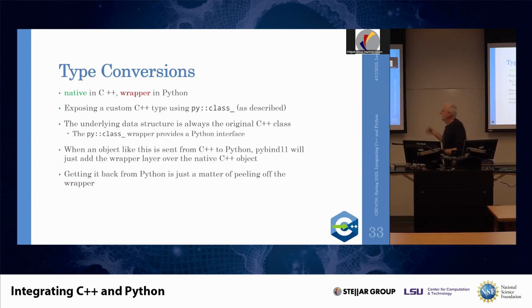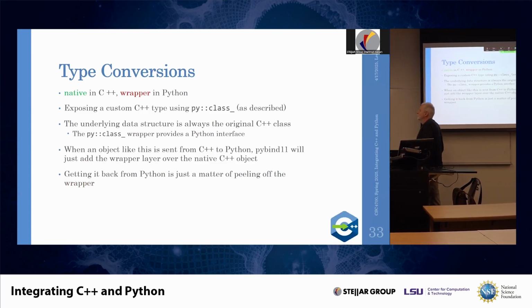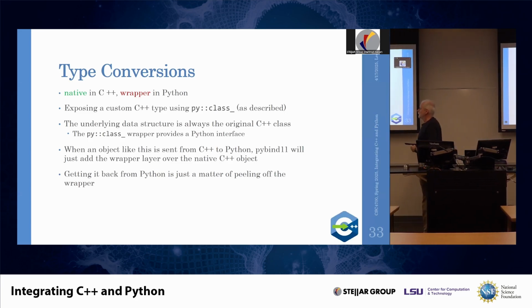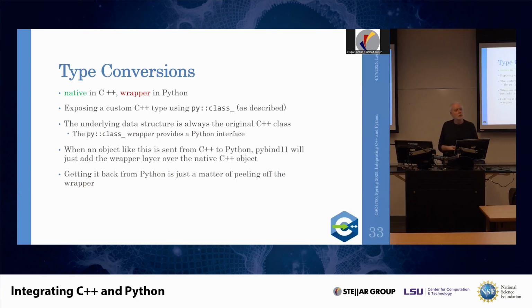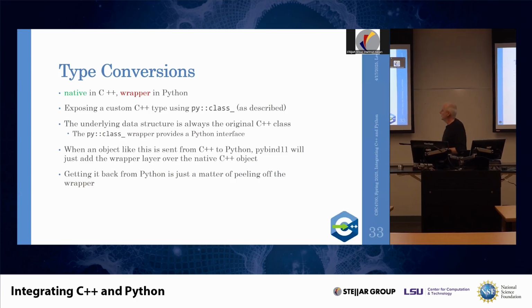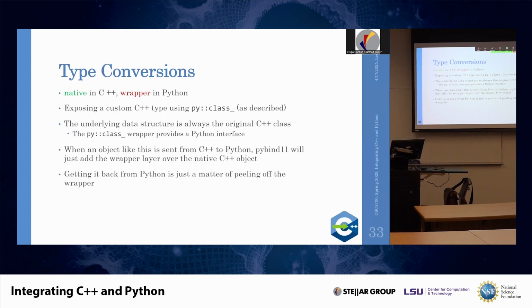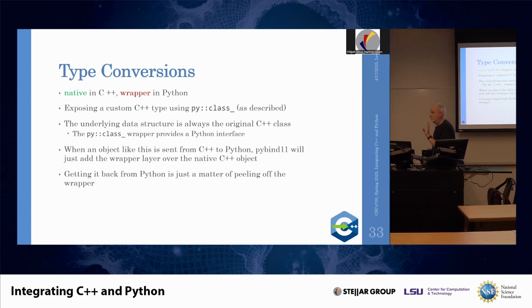So let's go through these 3 in a bit more detail. Native in C++, wrapper in Python. So you expose your C++ type using the py::class_ facility, like I showed. The underlying data structure is always the original C++ class. The py::class_ wrapper provides a Python interface.